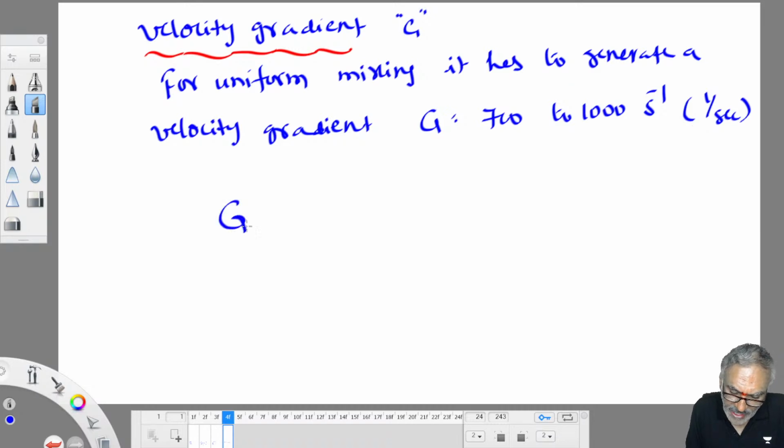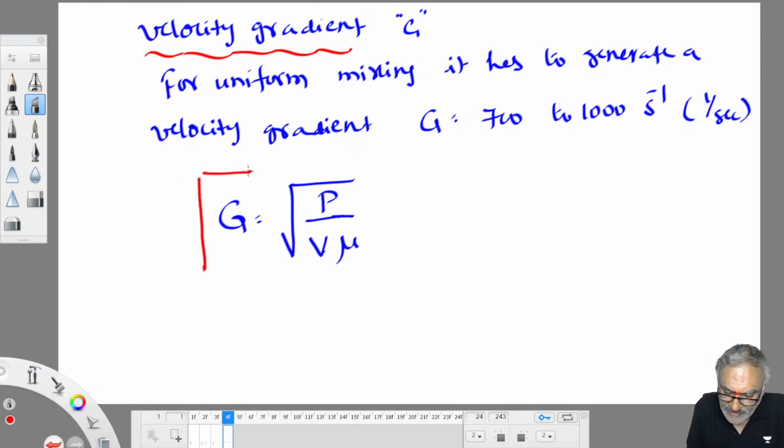This G value we calculate using the equation G is equal to root of P by V mu. It is a measure of degree of mixing, which in turn depends on the turbulence generated, and the turbulence depends on the speed with which we operate the shaft.